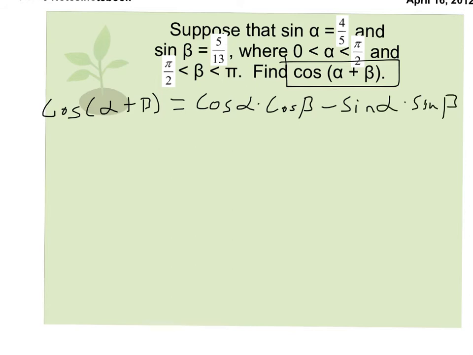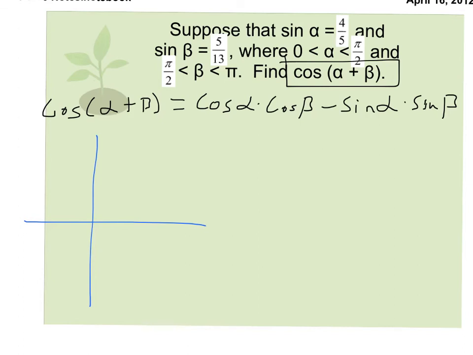Now you notice here in the instructions, I'm not given the angles for alpha and beta, but I'm given their sine values. The issue I'm going to run into here is I don't know their cosine values. But here's what I do have.